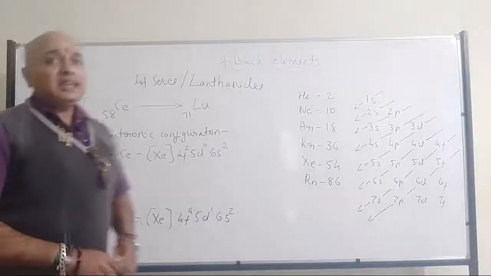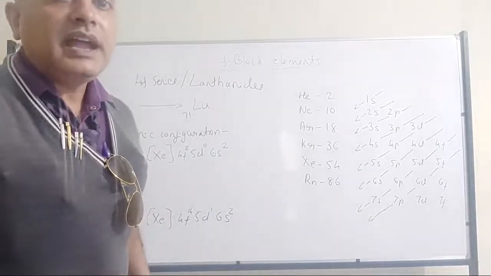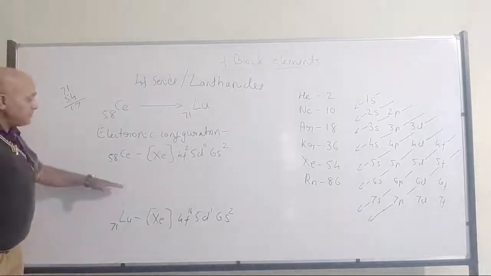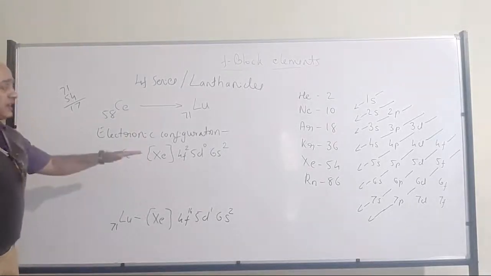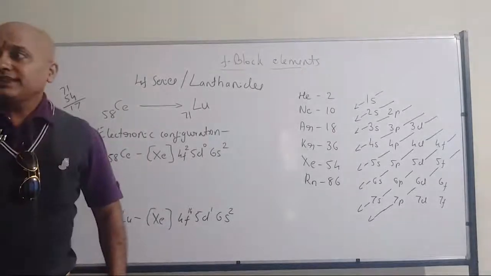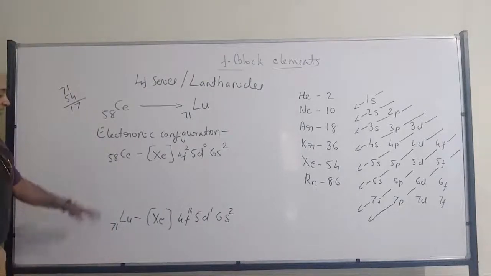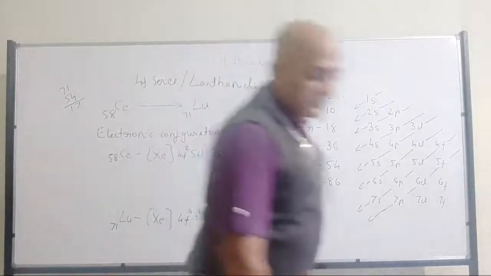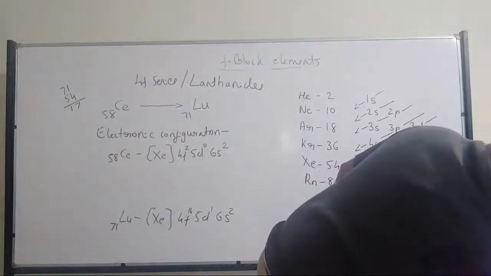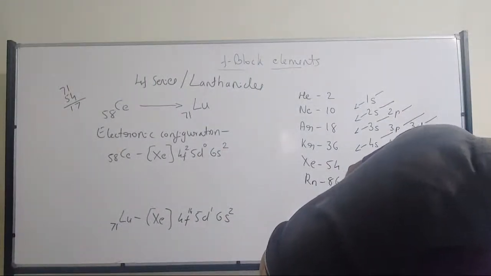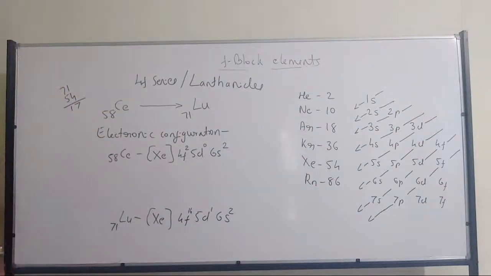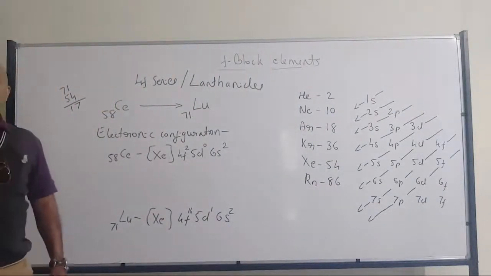Can anyone tell me at which atomic number we will have 4f7? At which atomic number exactly should it be 4f7?